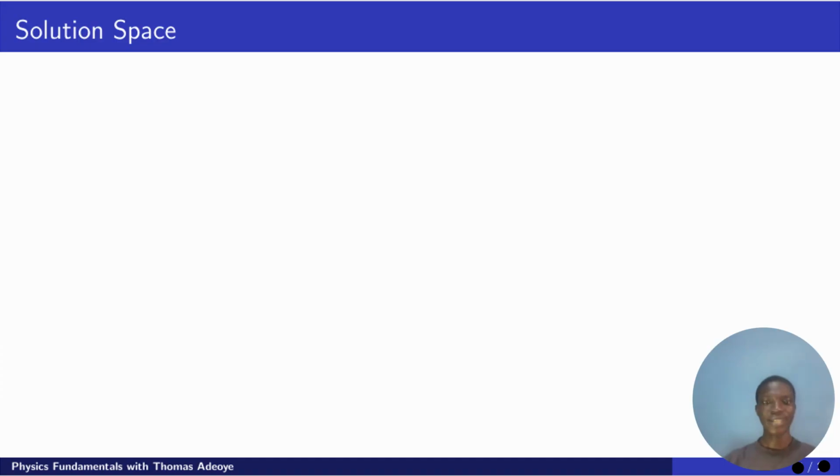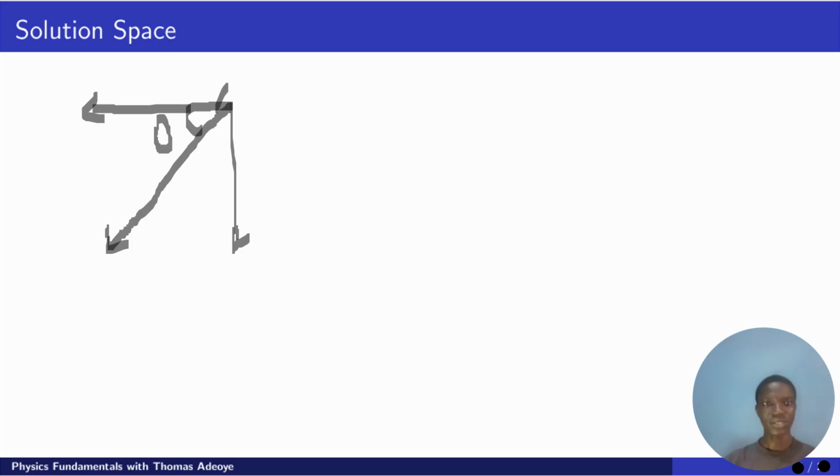Do not forget that this is what our diagram looks like. We have west, we have south, and the resultant is like this, and this is the angle we are interested in, angle theta.